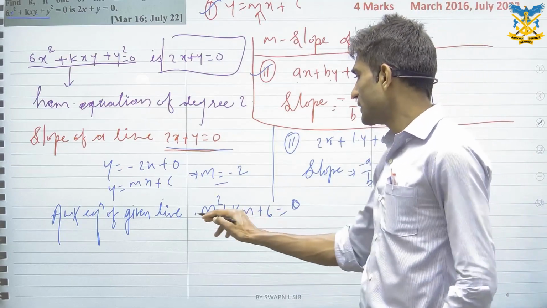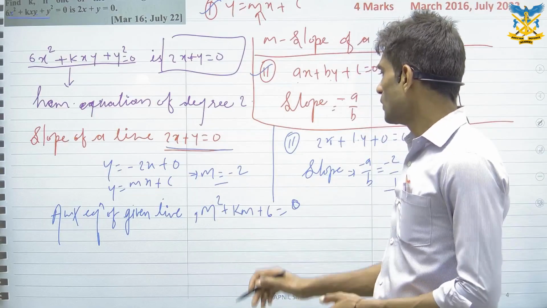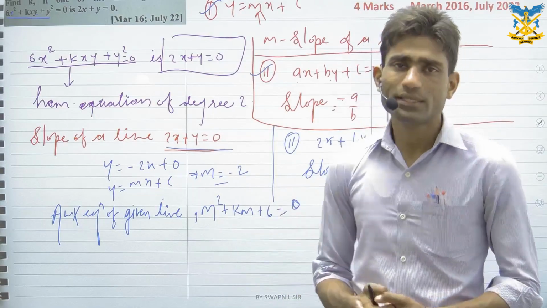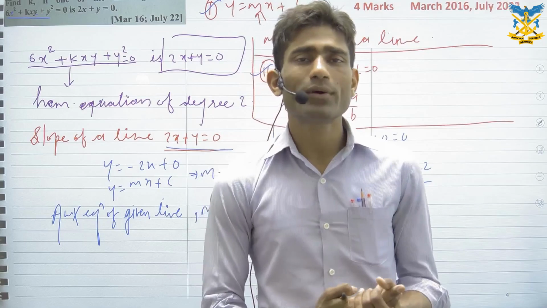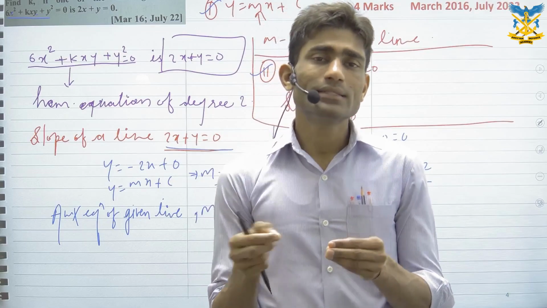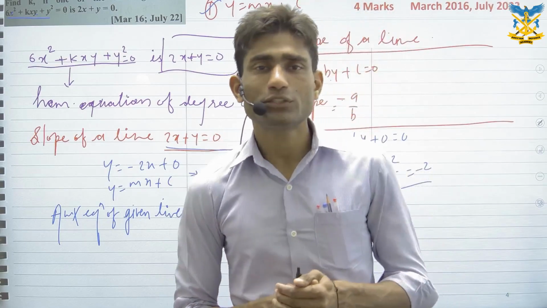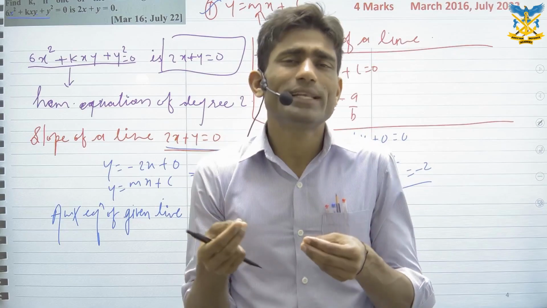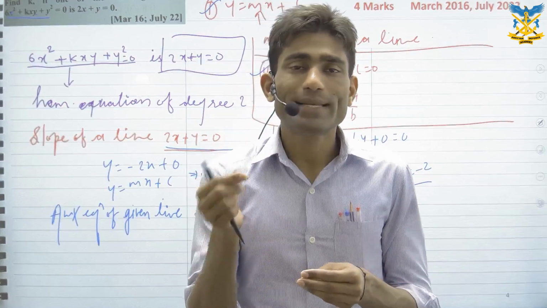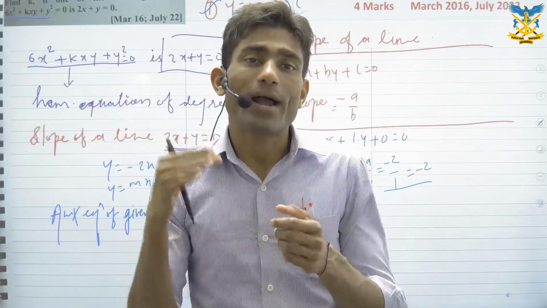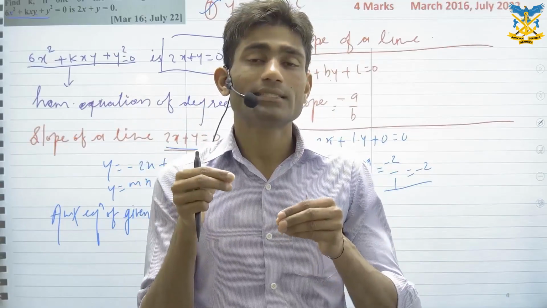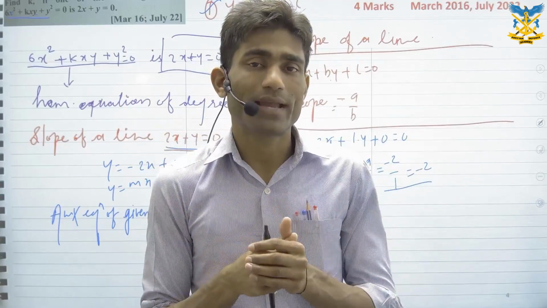As we have the auxiliary equation, we know that it is satisfied by the slope of our given line. Where does the slope come in our xy plane? Slope comes on our x and y axes, that means the equation of the x and y line.